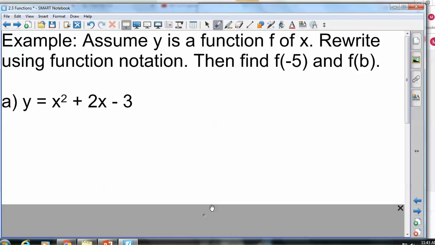So for this one, if I just said function notation, what's the only thing we have to do? F of x. F of x replaces y. Since it's already y equals, it just becomes f of x equals.